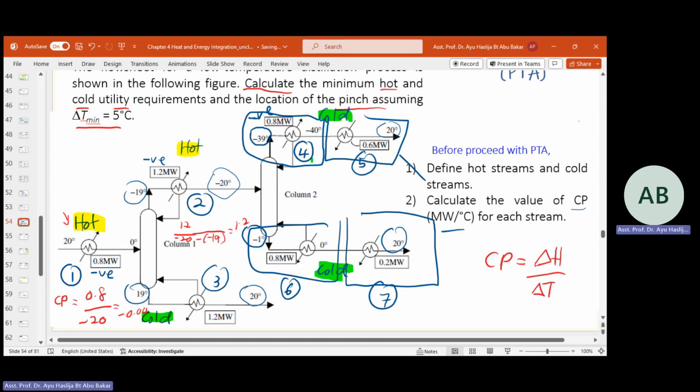Okay, 0.6 is positive, 40 to 20. This is positive. Then stream 6 over here is negative 1 to 0. This is positive. Positive. Down here is positive.